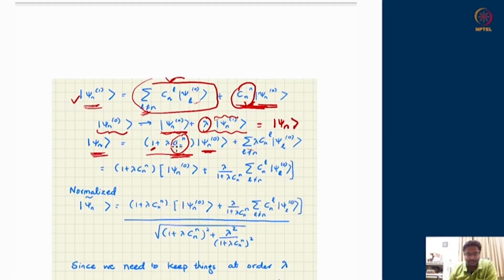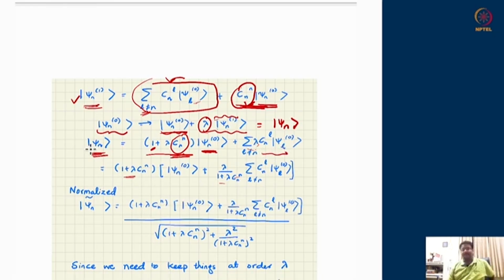Now 1 plus lambda CNN can be pulled out as a common factor, so that inside the bracket I am left with psi n0 plus lambda divided by 1 plus lambda CNN, the common factor which I have pulled out, times the series which is over here.